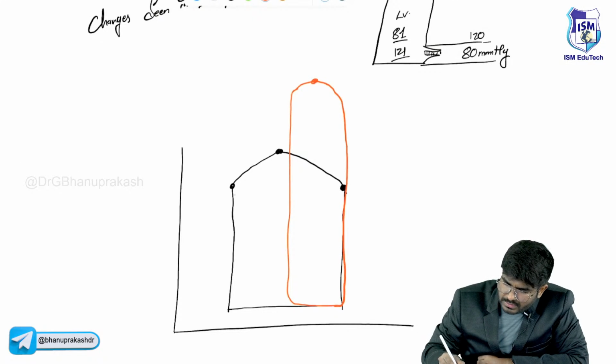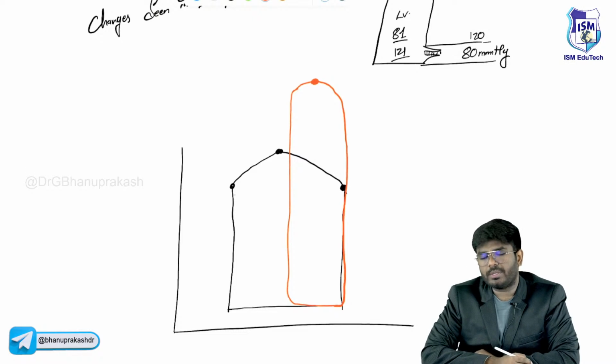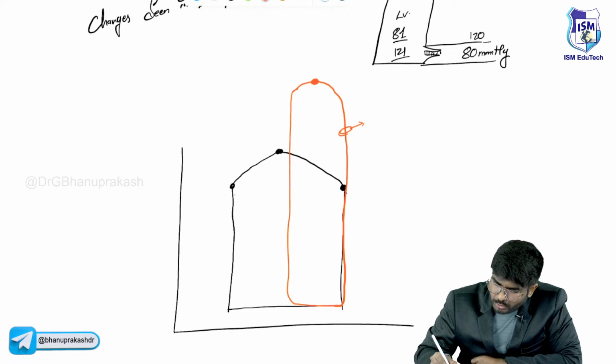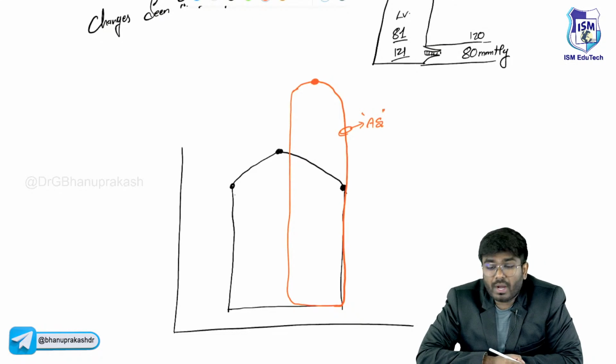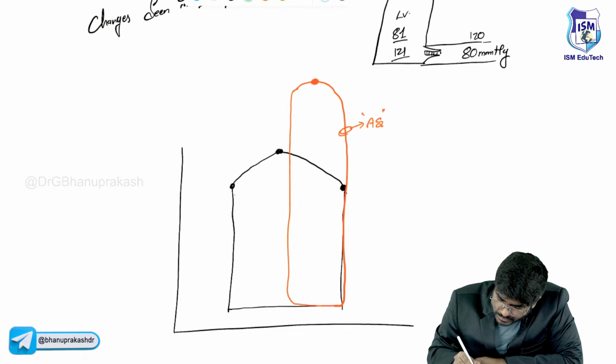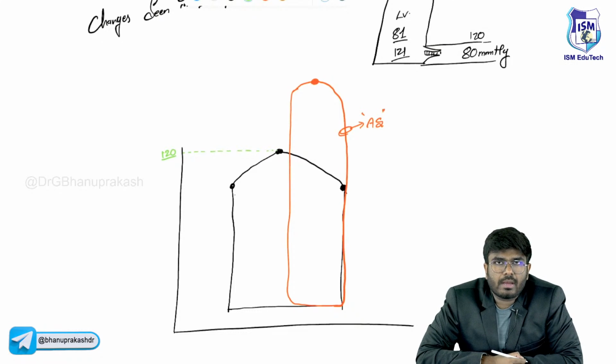This is how the left ventricular pressure volume loop is going to be. The loop in a patient with aortic stenosis is going to change like this. What you have appreciated here is that a normal ventricle can develop a pressure up to 120.